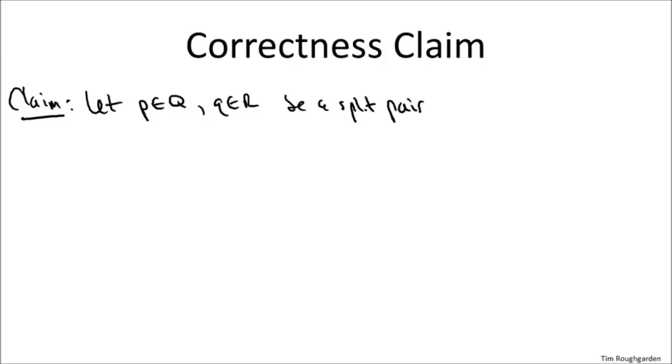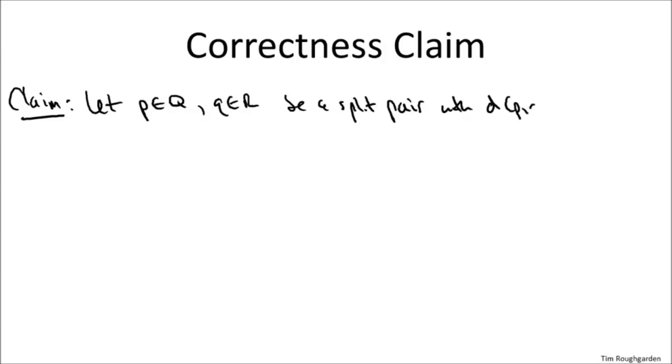So let me phrase the claim in terms of an arbitrary split pair which has distance less than delta, not necessarily the closest such pair. So suppose there exists a point p on the left side and a point q on the right side, so that is a split pair, and suppose the distance of this pair is less than delta. Now there may or may not be such a pair of points p, q.